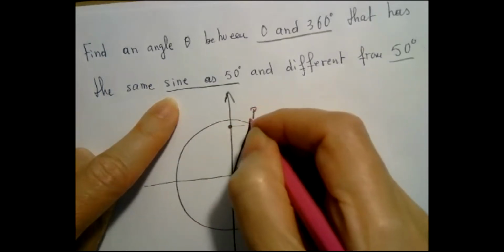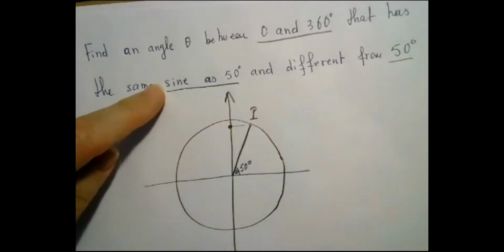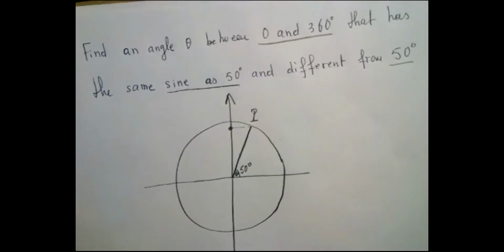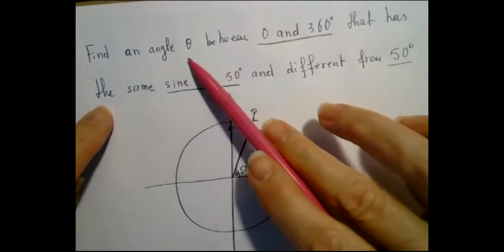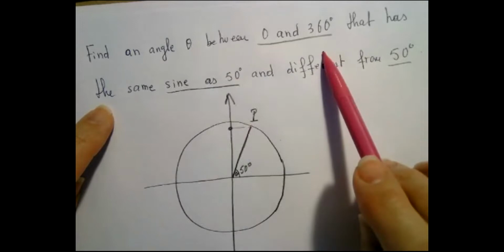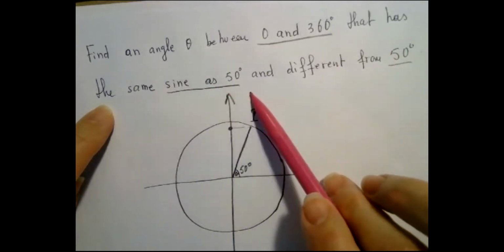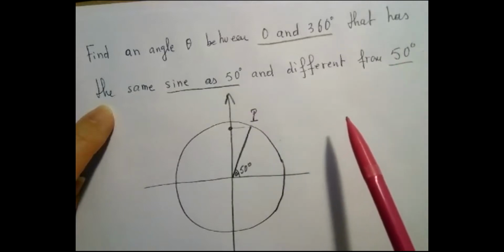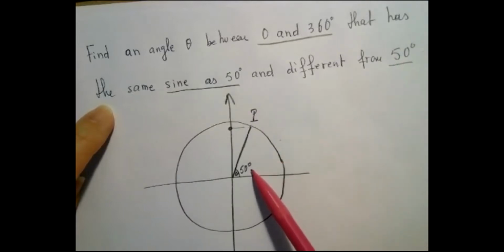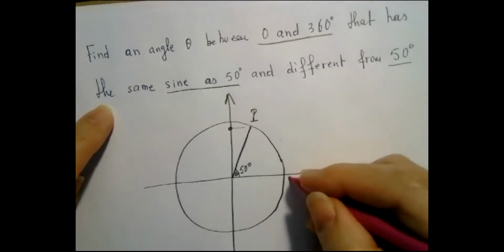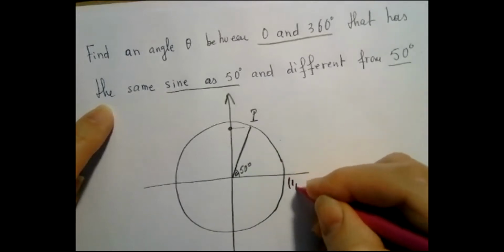That's the point P, which is determined by the angle 50. Now I want you to give me another angle between 0 and 360 that has the same sine as 50, but it's not 50. What's the angle that has exactly the same sine, but not 50?